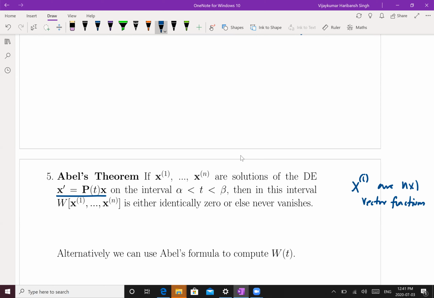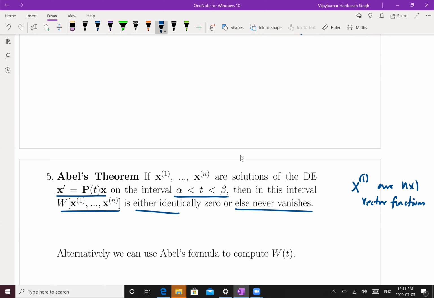Then on the interval I, the Wronskian is either identically 0 or it never vanishes. So basically the Wronskian is either zero everywhere or it never vanishes.